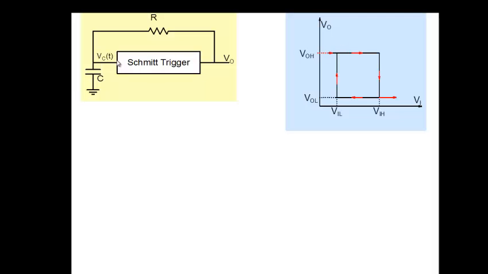Now, as you increase the input, according to the arrows here, the output remains high till you reach a threshold value, which we call VIH. Once the threshold value is reached, it switches to a low state. So from VOH, you go to a value which is VOL. And it stays at VOL as you increase VI more than VIH here.